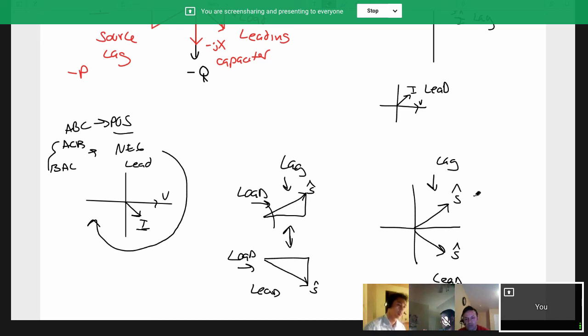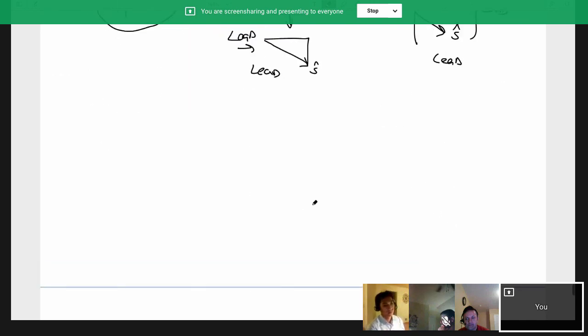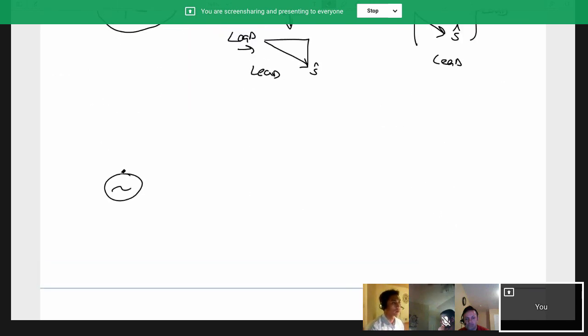Load or source? Load. Does not want to cooperate.